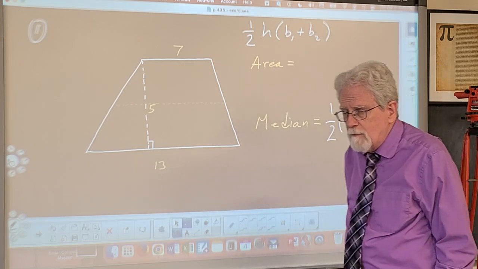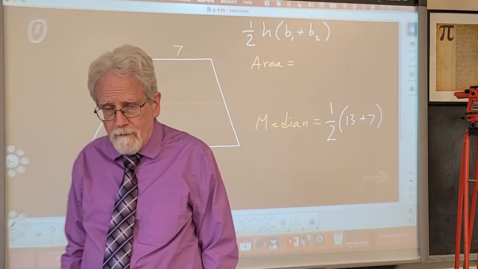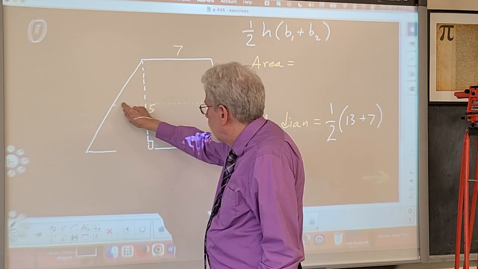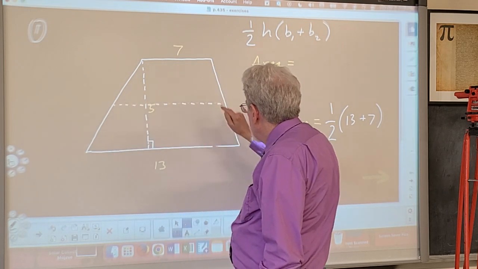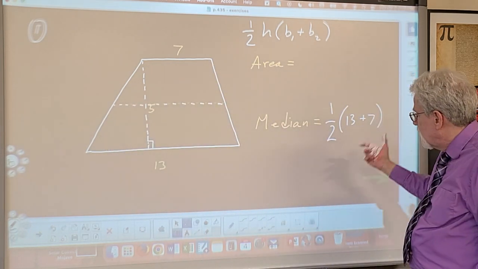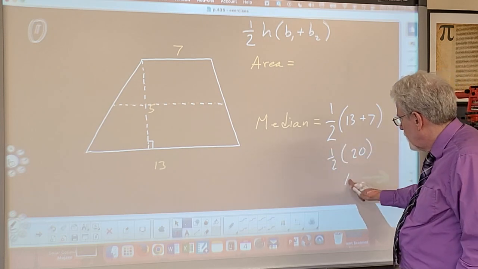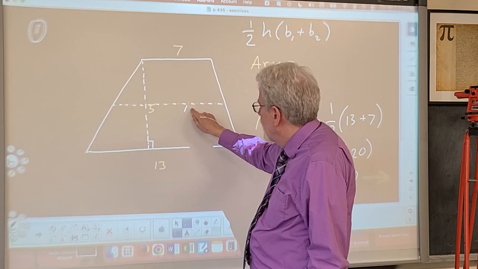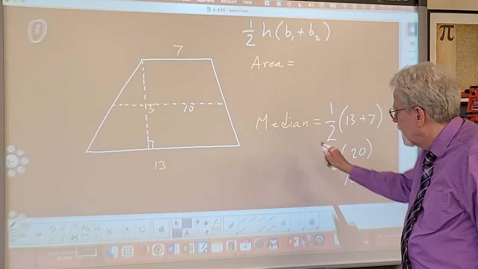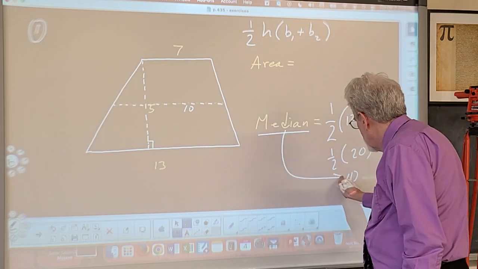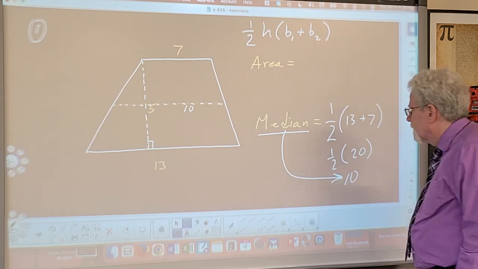That's how you find a median of a trapezoid. So the median, this little dotted line here you can barely see, must be half of 20. That's going to be 10. So the median is 10. We've answered the first question. The median is 10. Congratulations.